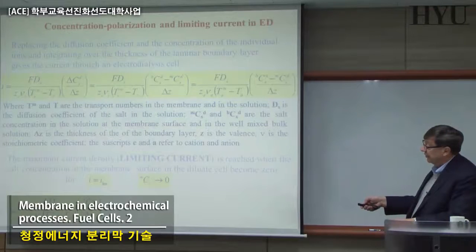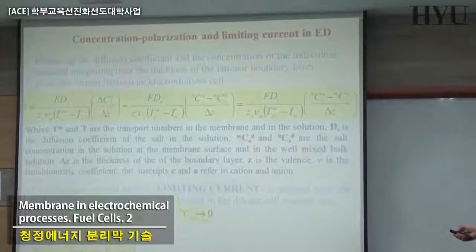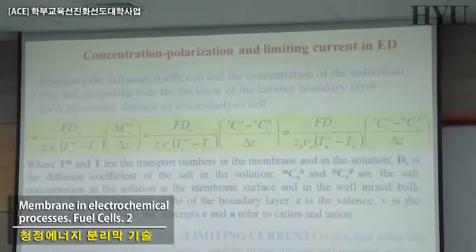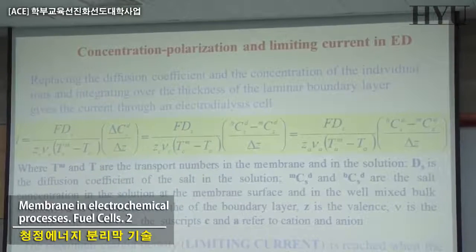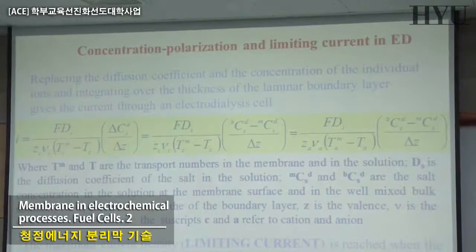And delta is the thickness, z is the charge of the single ions, and the stoichiometric coefficient is present if there is any problem in the separation, and the cation and anion are just the two components. What is this limiting current we are describing?